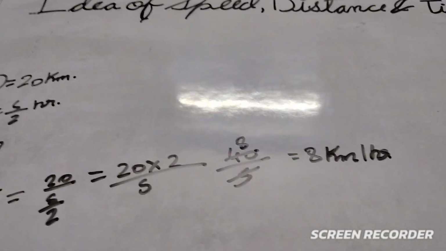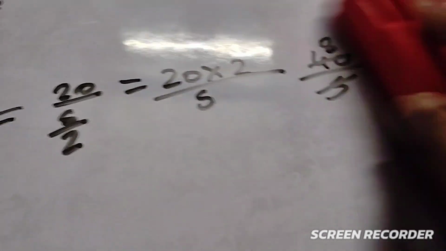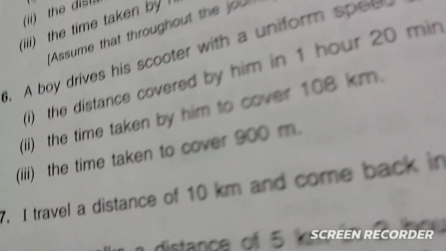You have seen this question. This question is solved. The seventh question is very much easier. Now we will do the eighth question, and we will see if we have to do ninth or tenth.